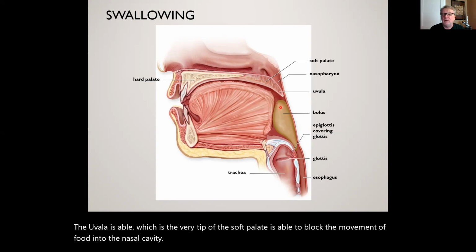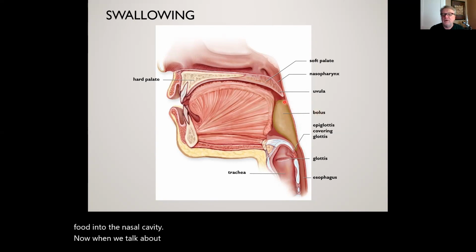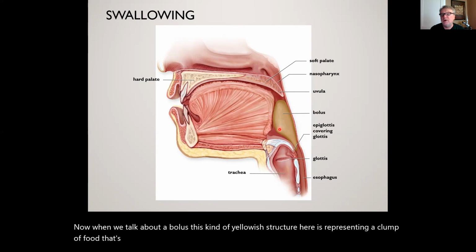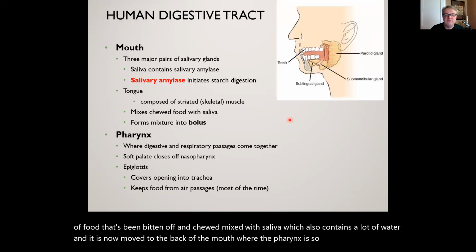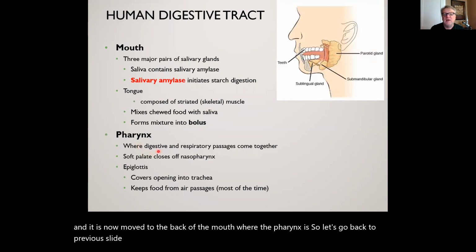Now, when we talk about a bolus, this yellowish structure here is representing a clump of food that's been bitten off and chewed, mixed with saliva, which also contains a lot of water. It is now moved to the back of the mouth where the pharynx is. So let's go back to the previous slide. The pharynx is actually where the digestive and the respiratory systems come together.